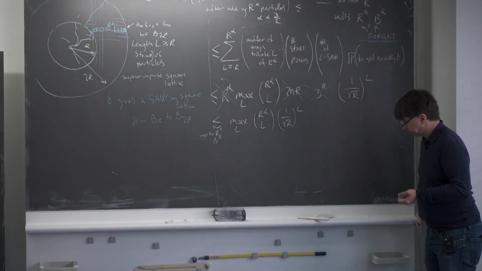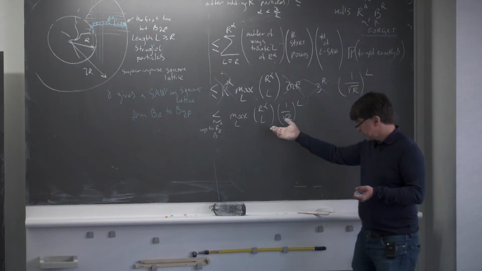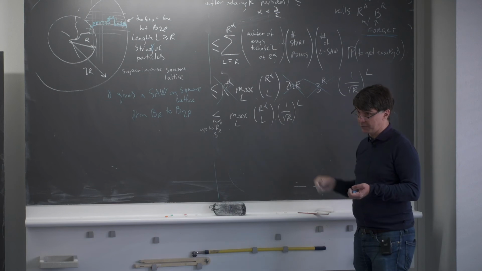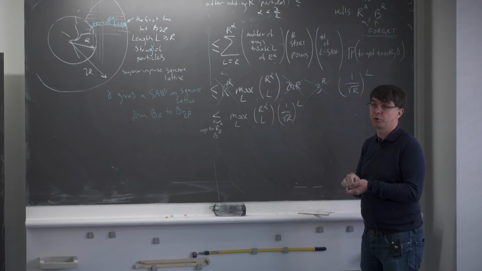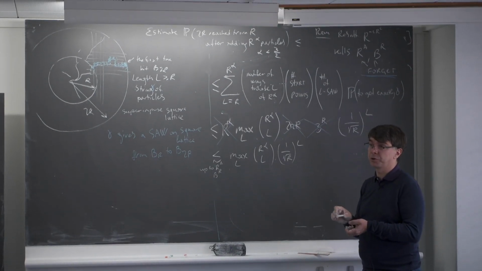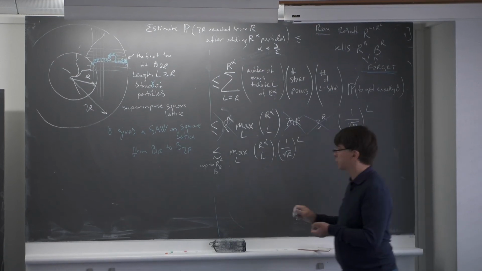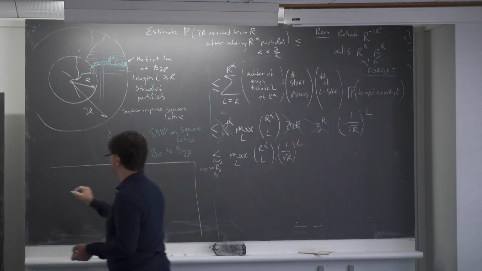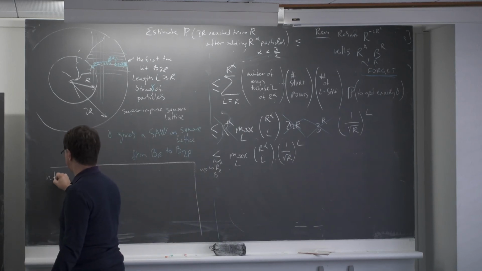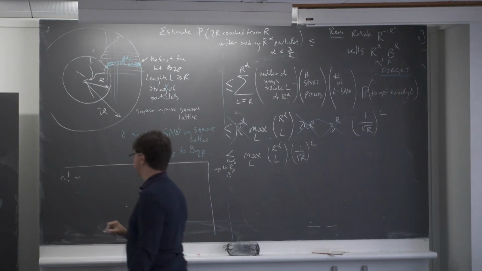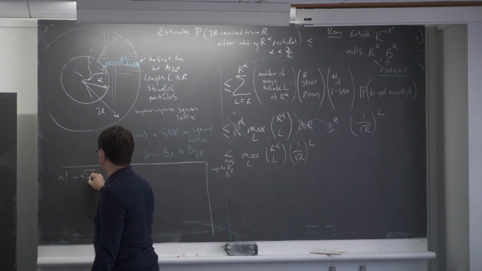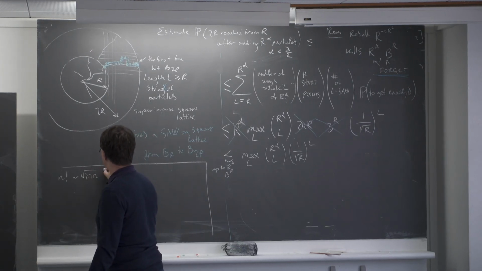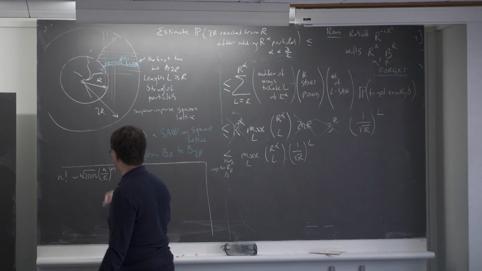Now, how do we usually estimate the binomial coefficient? We use the Stirling formula. Everyone knows the Stirling formula, yes? n factorial is square root of 2 pi n times n over e to the power n.